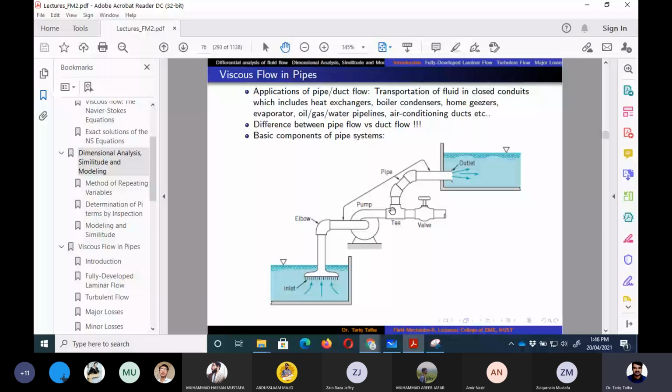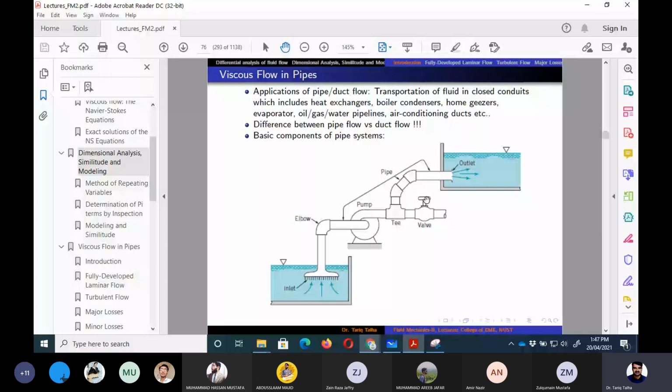One is going into the overhead tank, and the other one is going outside, and then we can control the volume flow rate through any of these branches by using valves. So valves are used to control the volume flow rate.